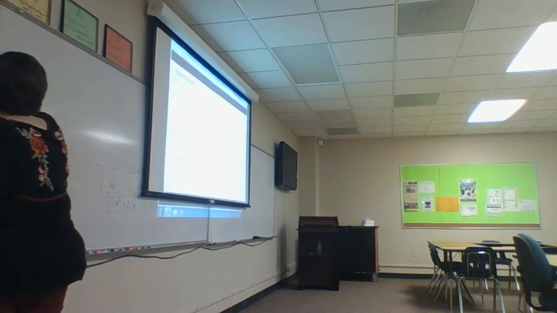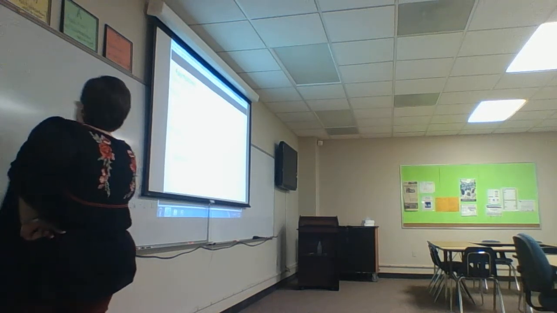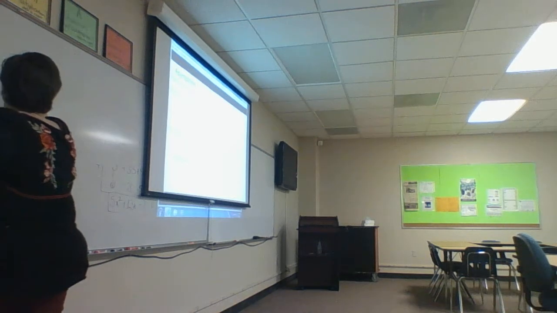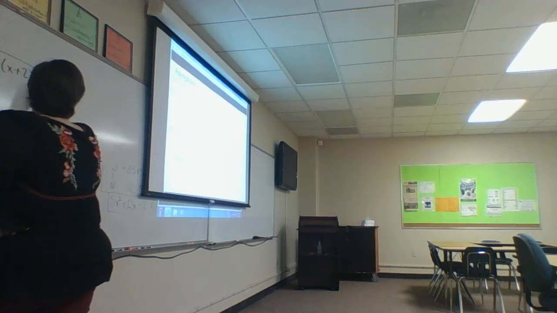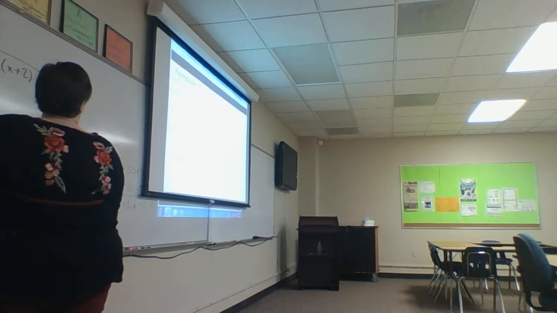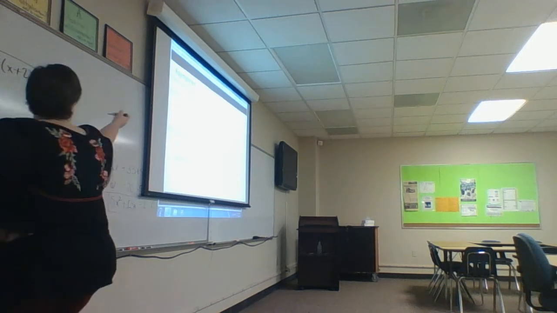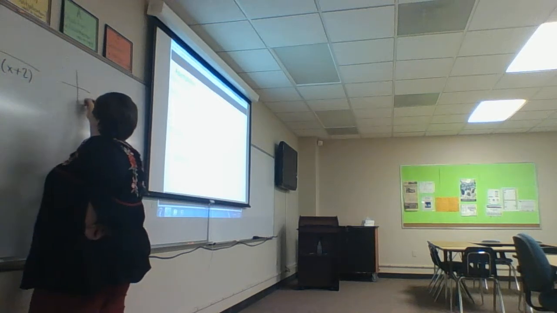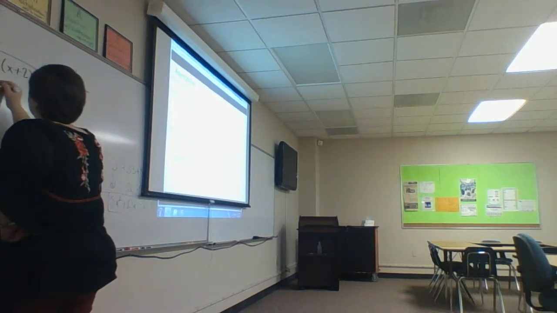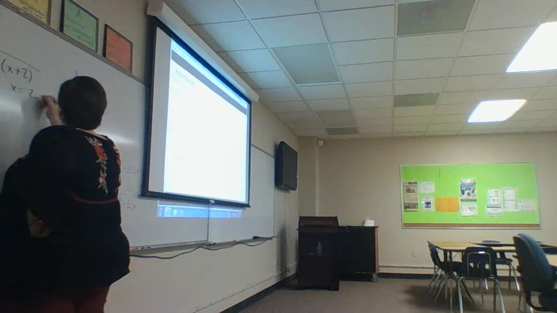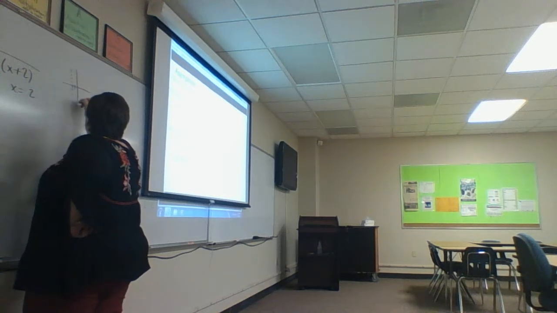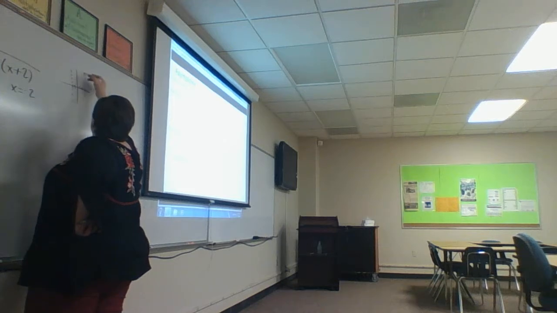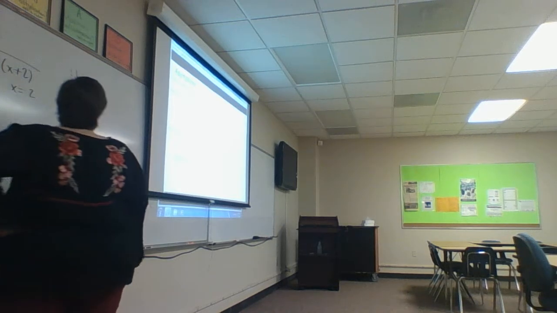So x minus 3, x plus 2 should be what my factors are, or places are. So one will be x equals 3, one will be x equals negative 2.